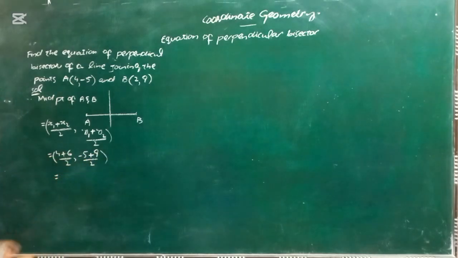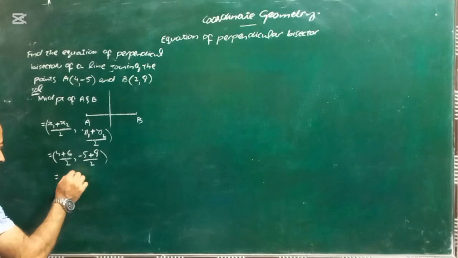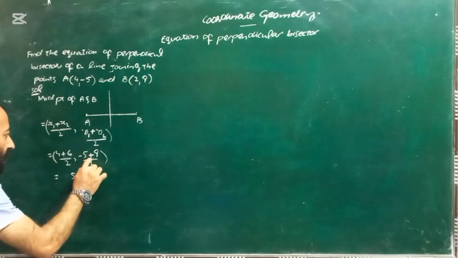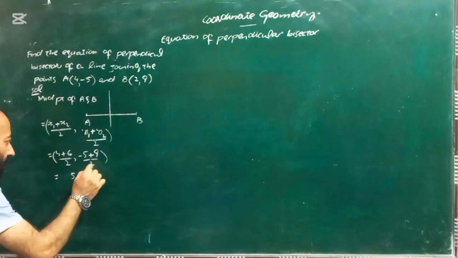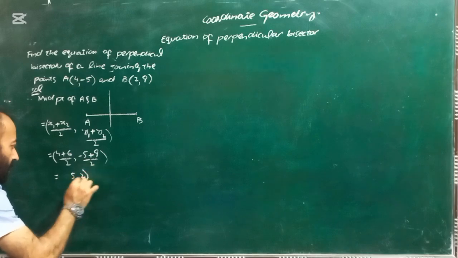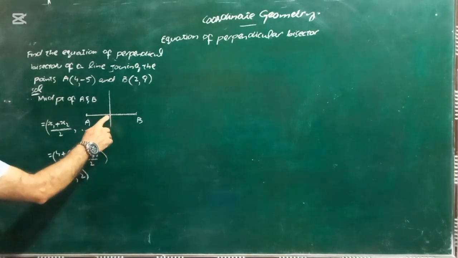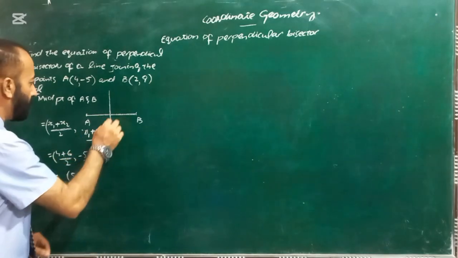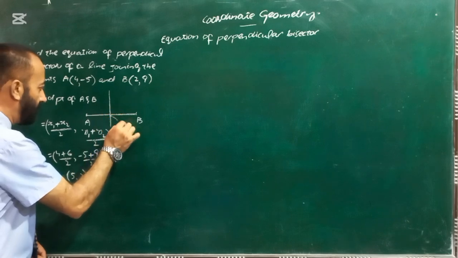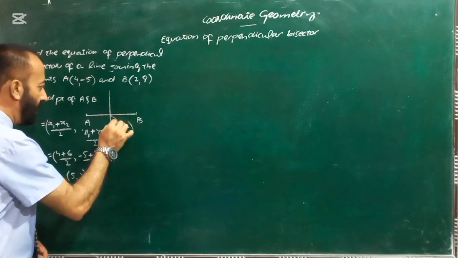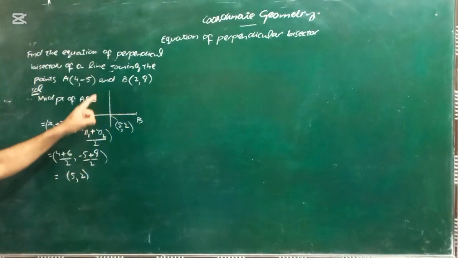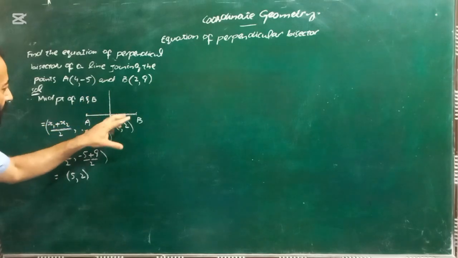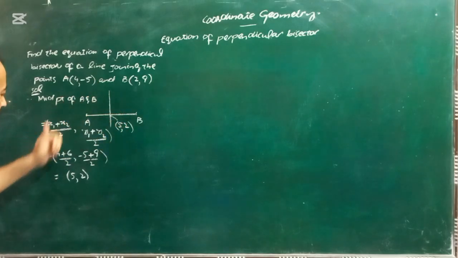So 4 plus 6, 10 over 2, 5, and minus 5 plus 9, 4 divided by 2, 2. So this is the point, that is 5, 2. So here is the point 5, 2. If we find the gradient of AB, we can find the gradient of the perpendicular line as well.